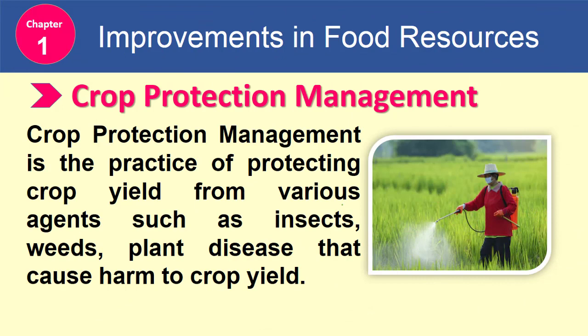So let's see what is crop protection management. Crop protection management is the practice of protecting crop yield from various agents such as insects, weeds, plant disease that cause harm to crop yield.